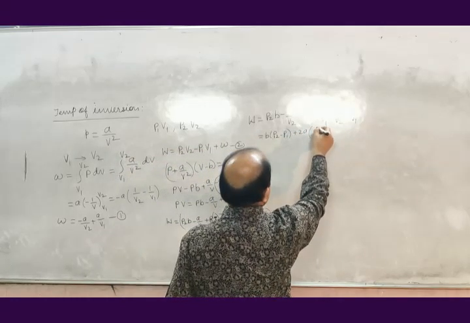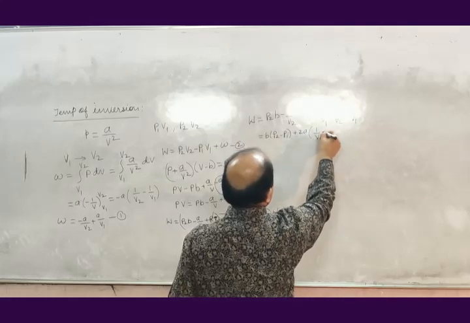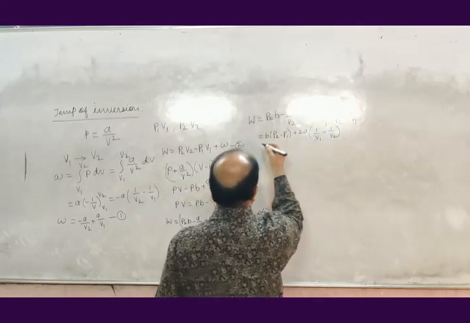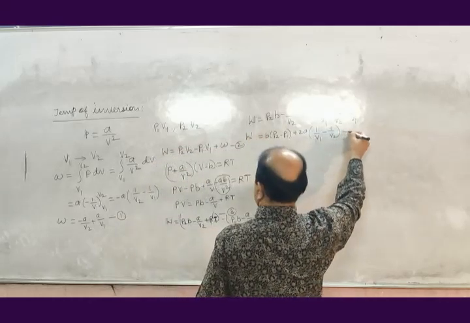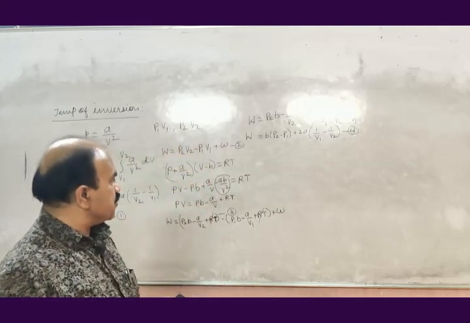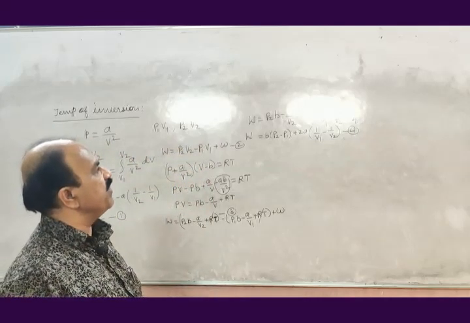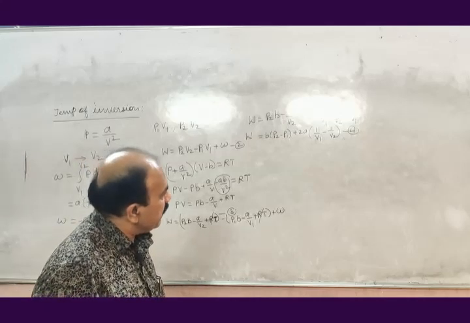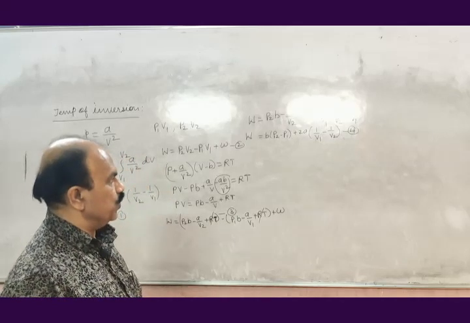What is left in the bracket then? 1 by V1 minus 1 by V2. Total work done capital W, equation number 4. So total work done capital W is equal to B times in the bracket P2 minus P1 plus 2A times 1 by V1 minus 1 by V2.